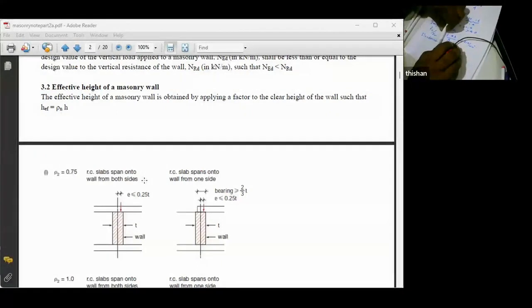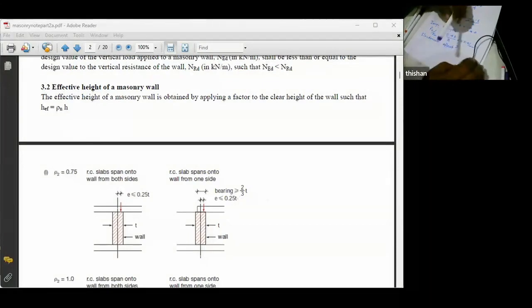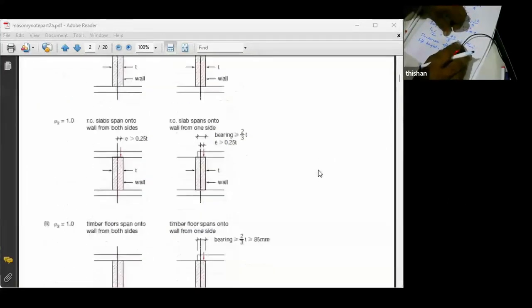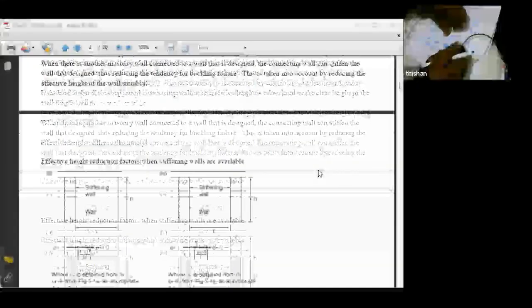Okay. Right. So basically, you can see reinforced concrete slabs spanning onto the wall from both sides. The effective height, H effective, is given by rho n times H. So here rho 2 is applicable. So the effective height is 0.75 times the height.